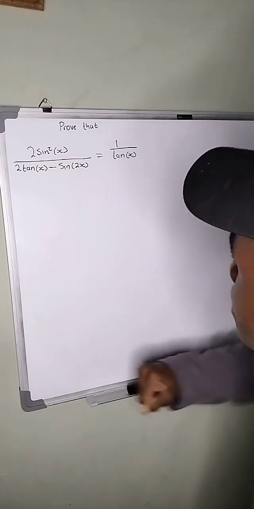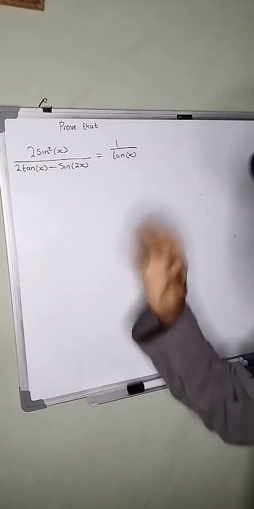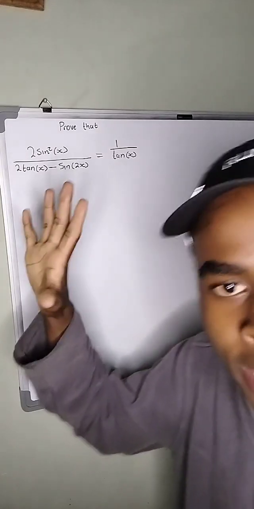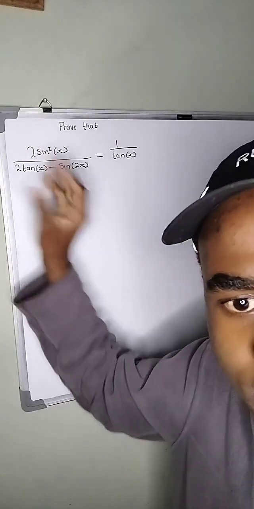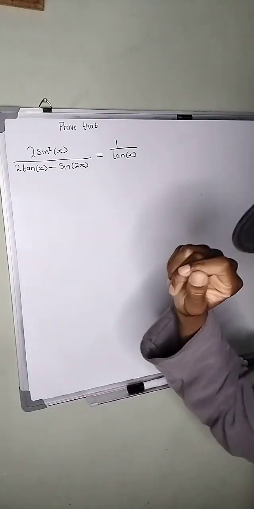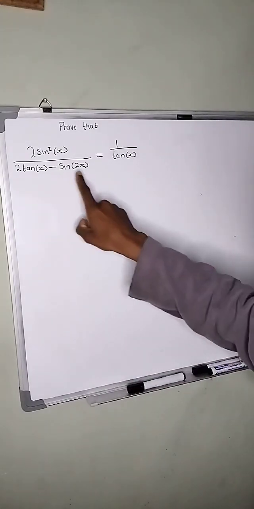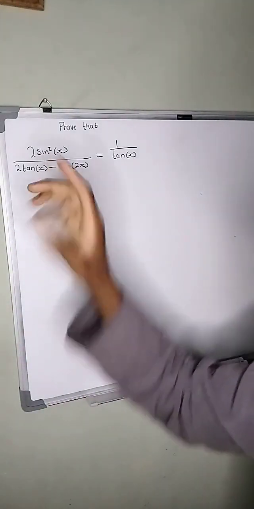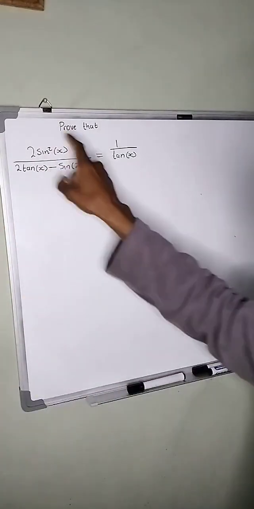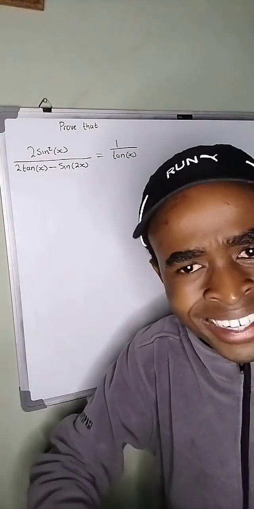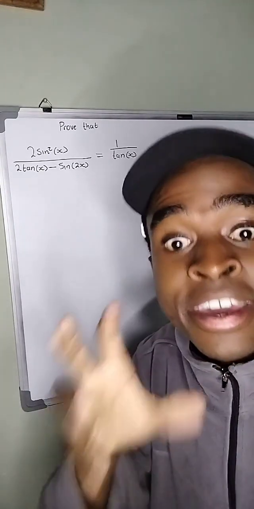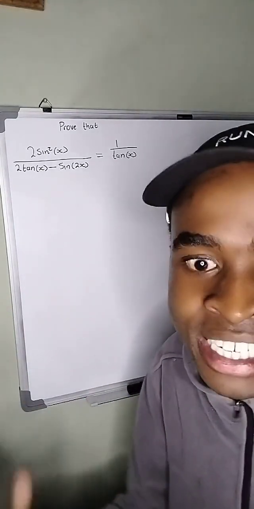And yes, things that we can do. Each and every term, each and every trig ratio there, has its own identity. All of those that we see have their own identity.